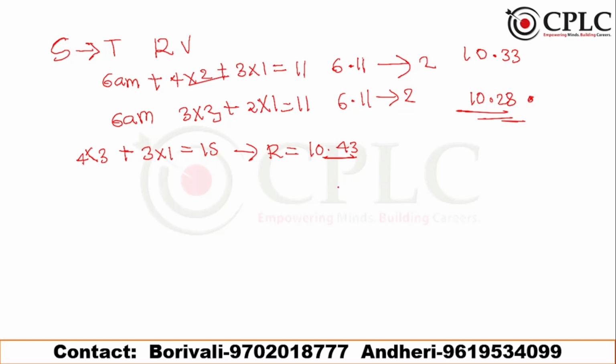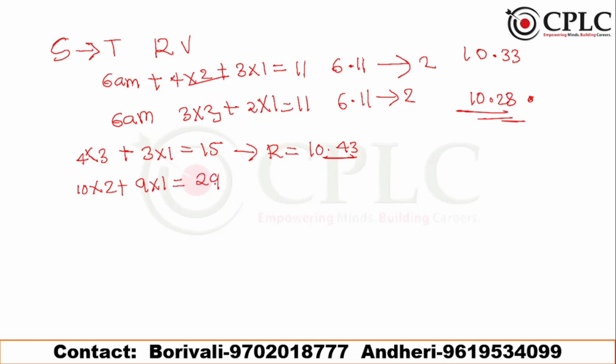Between R and S, there are a total of 9 stations. So traveling time will be 10 into 2 plus 9 into 1, that is a total of 29 minutes.